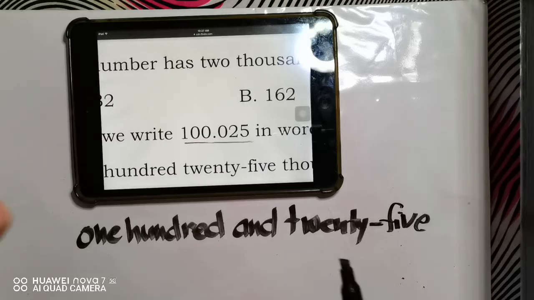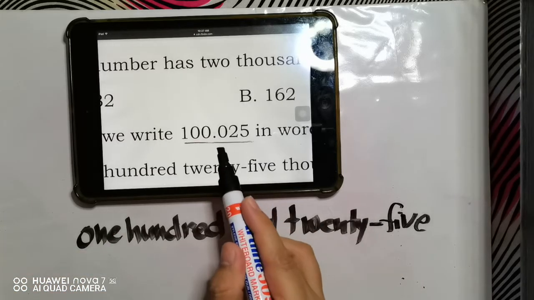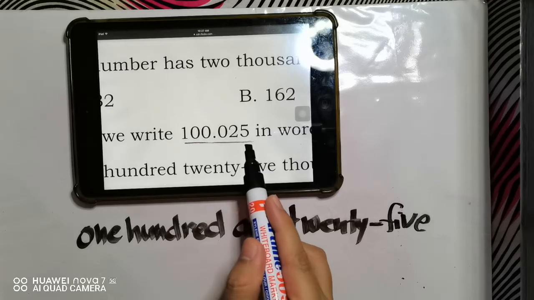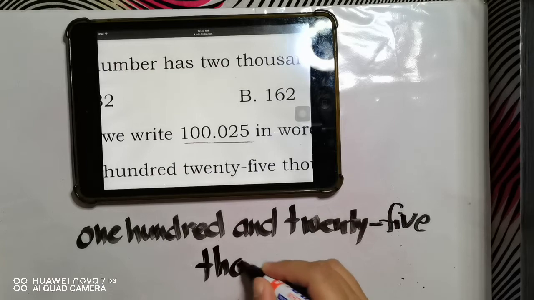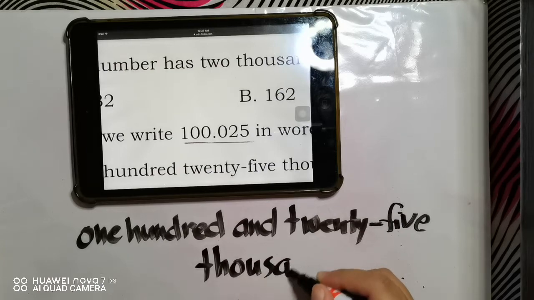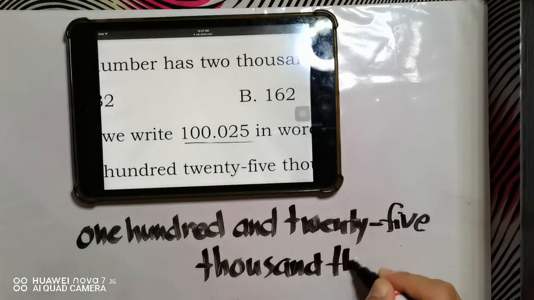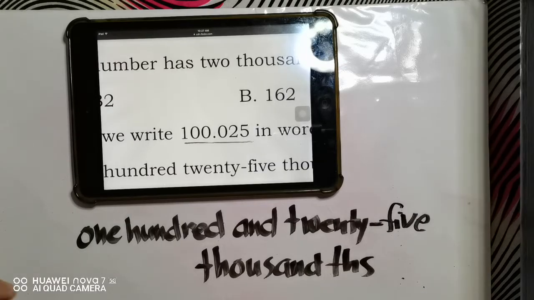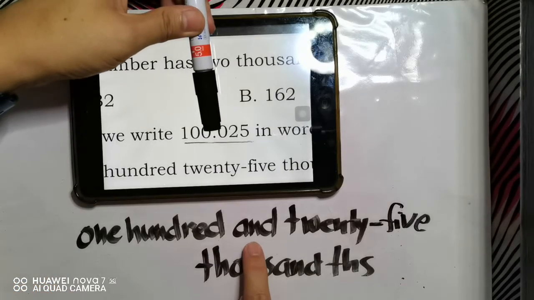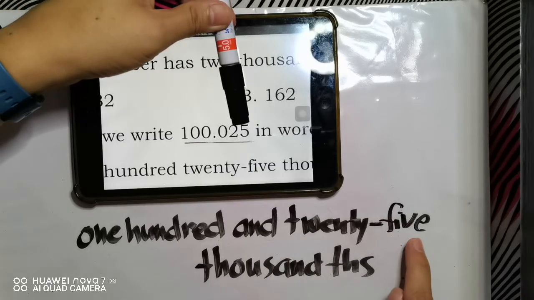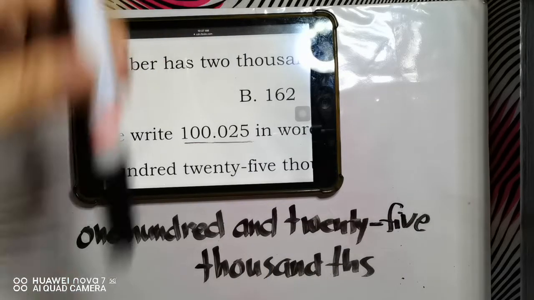So, you're going to affix that doon sa iyong sagot. Again, ito ay "and", this is tenths, hundredths, thousandths. So, affix mo yung place value niya na thousandths. So, therefore, our answer is 100 and 25, and then the place value, thousandths.